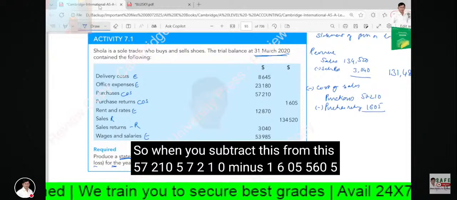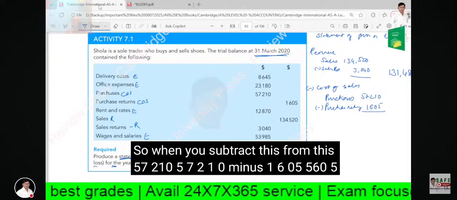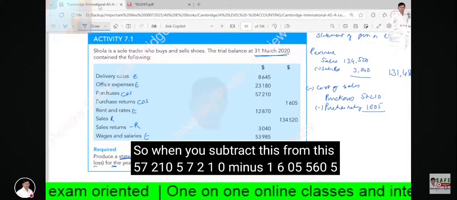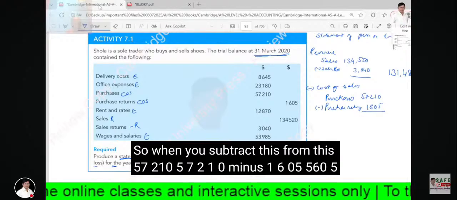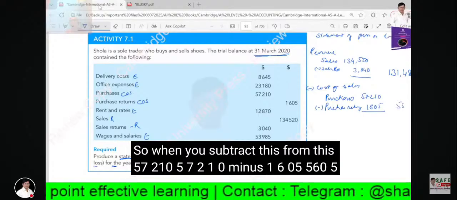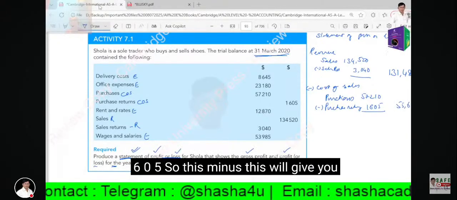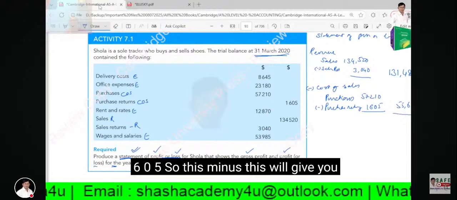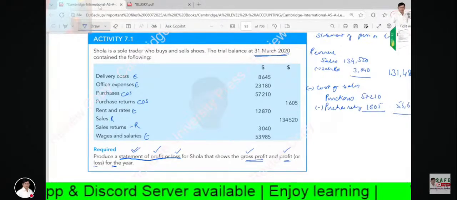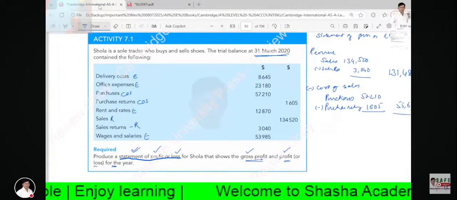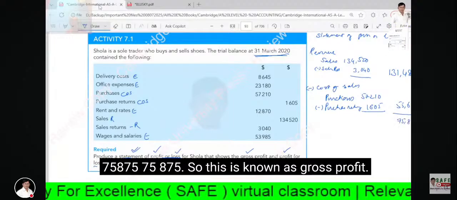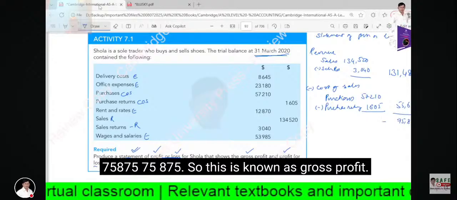So when you subtract this from this, 57210 minus 1605 is 55605. So this minus this will give you 75,875. So this is known as gross profit.